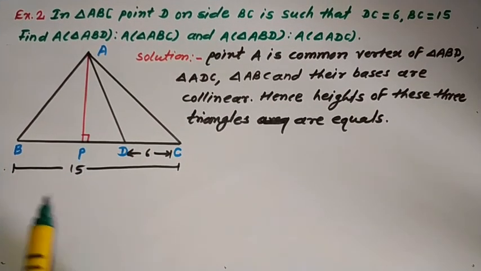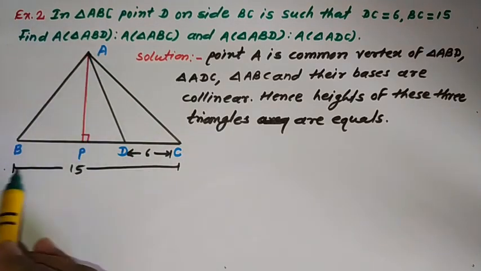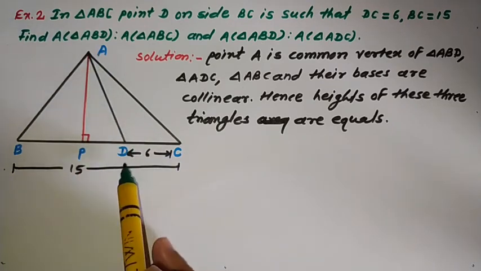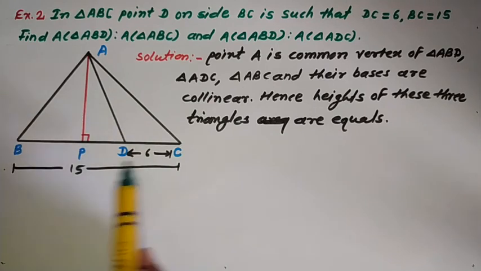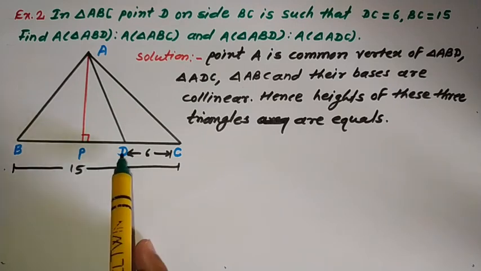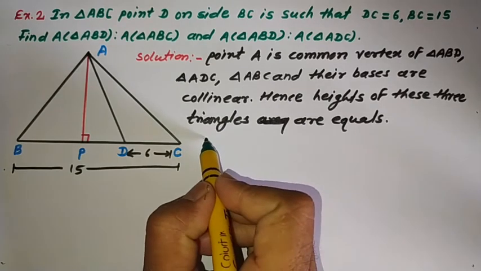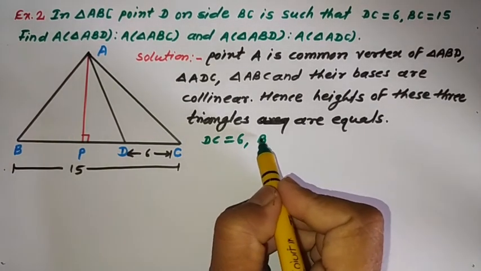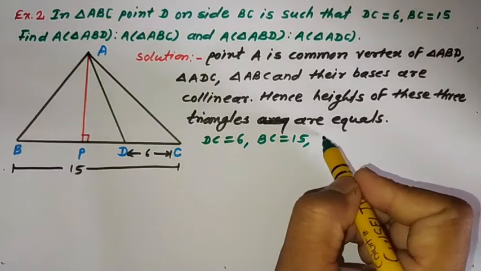Here, find the bases of all triangles. In triangle ABC the base BC is 15, and in triangle ADC the base DC is 6. Then find the base of triangle ABD, which is BD. We know that DC is 6 and BC is 15.